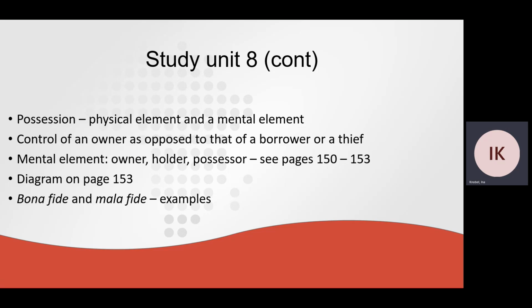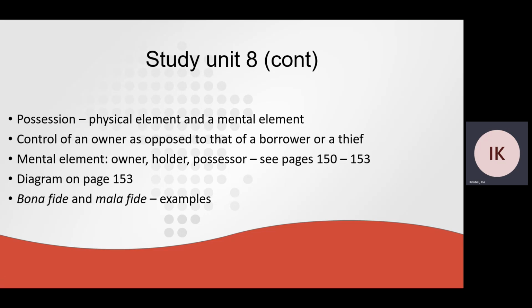If we look at another example, a bona fide unlawful holder, it's just next to mala fide possessor. That is someone who controls a thing unlawfully, but is unaware of the fact that he or she is controlling the thing unlawfully. The example we are giving is a lessee who is leasing a property, but the lease agreement is invalid.